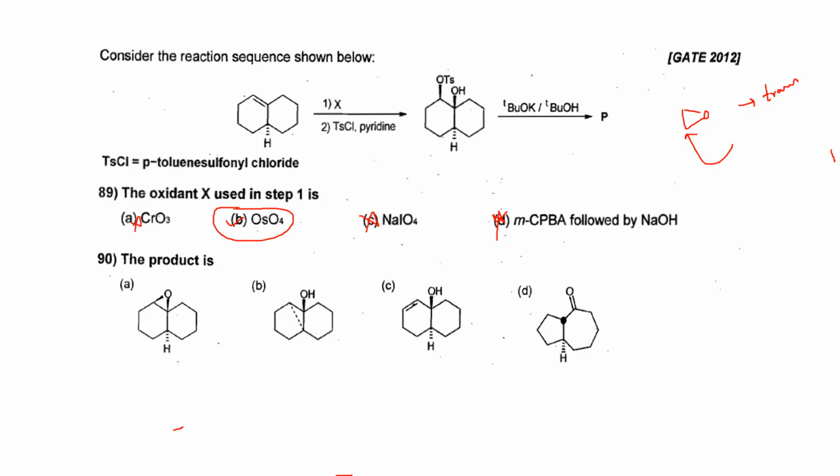Now next, they have added a strong base, which leads to an elimination. Can anyone try how? Obviously OTs will be the leaving group for this reaction.